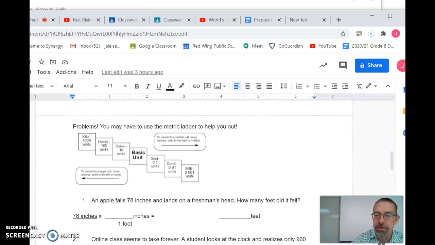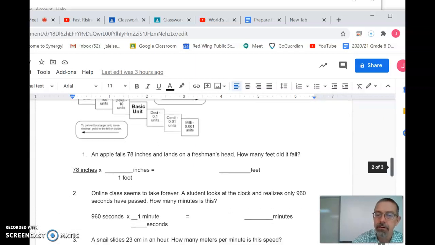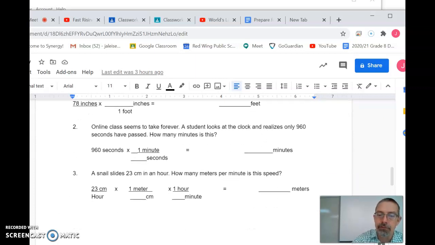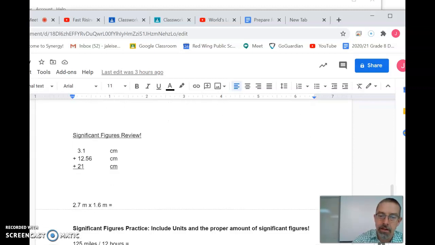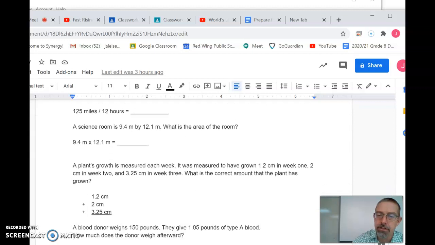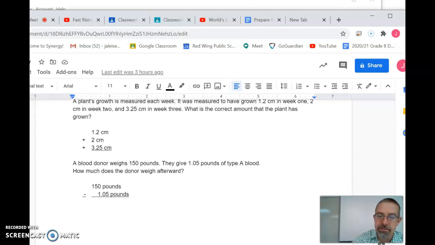I've given you this metric ladder in case you need that, and I'm giving you a little bit of scaffolding here to help you solve it. Those blanks you're going to probably need to fill in. And then I gave these two examples for how to do significant figures, and then I've got some significant figures problems here for you to solve.